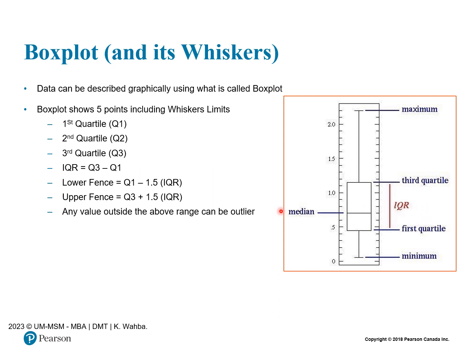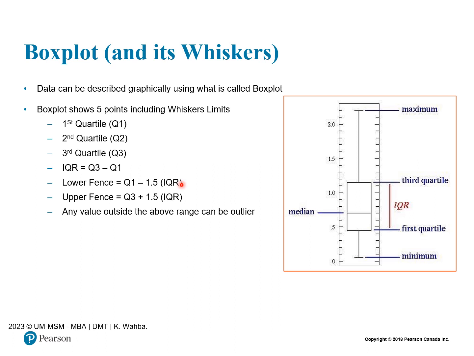We use this IQR to calculate two limits, or fences, or boundaries. They are called the lower fence and the upper fence, and the lower fence is basically Q1 minus 1.5 multiplied by IQR.